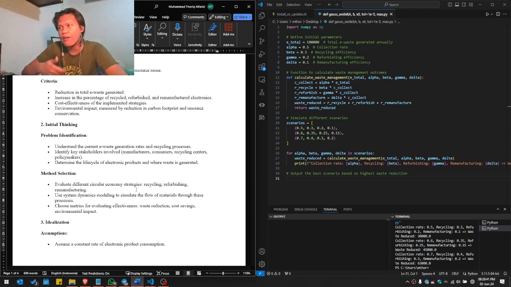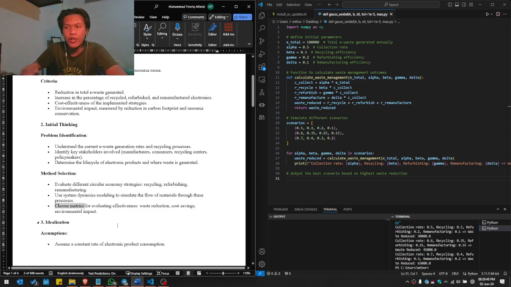And we will have our software or code to do that. And finally, to choose metrics for evaluating effectiveness. So we have three metrics, which are waste reduction, cost savings, and environmental impacts.